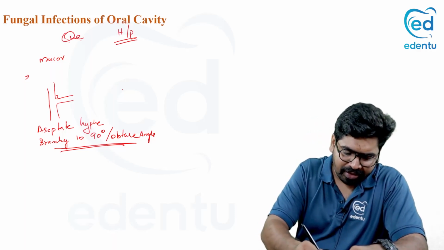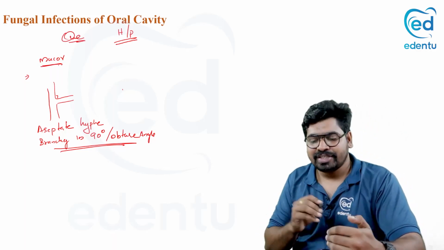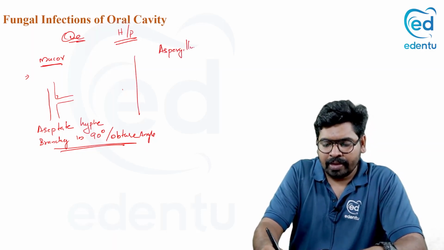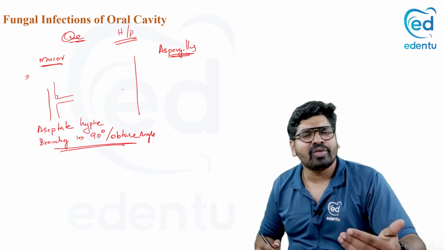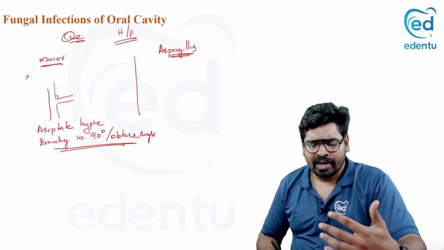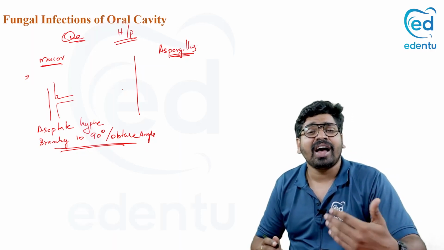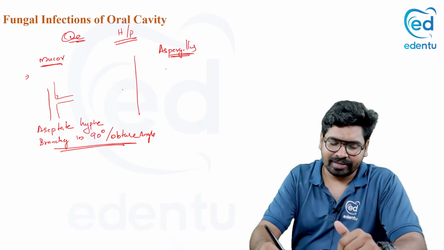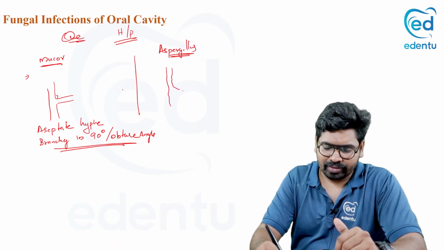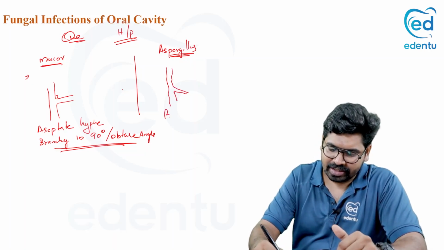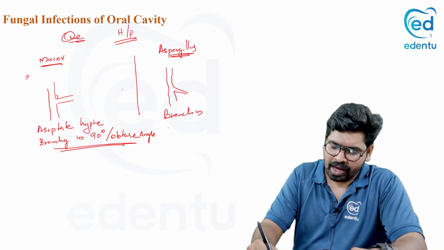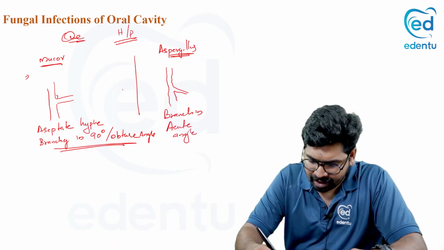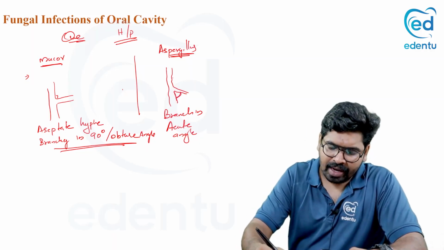So this is a major question area, mucor, and it is compared with a fungus called aspergillus. Aspergillus is another fungus which also affects the oral cavity, nasal areas and nasal cavities. The main difference is that aspergillus branches at an acute angle.